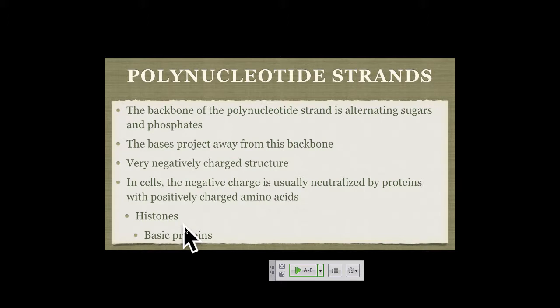When we get into chromatin structure, we'll talk about how the histones are these basic amino acids that are positively charged at physiological pH, so they help neutralize this molecule. When we work with DNA in the laboratory, most of the time we just have to add a monovalent salt like sodium or potassium or ammonium, and that will ionically interact with the negative charges on the phosphates and neutralize the charge that way.